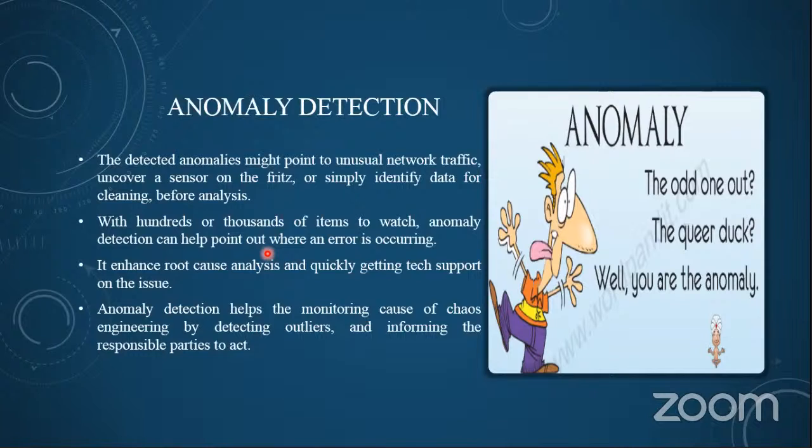So it is easy to identify the cause with anomaly detection, and we can quickly get tech support for that issue, like installing some antivirus. If we find that malware is the cause, then we can avoid those issues. So anomaly detection helps in monitoring the chaos by detecting the outliers and informing the responsible parties to act.